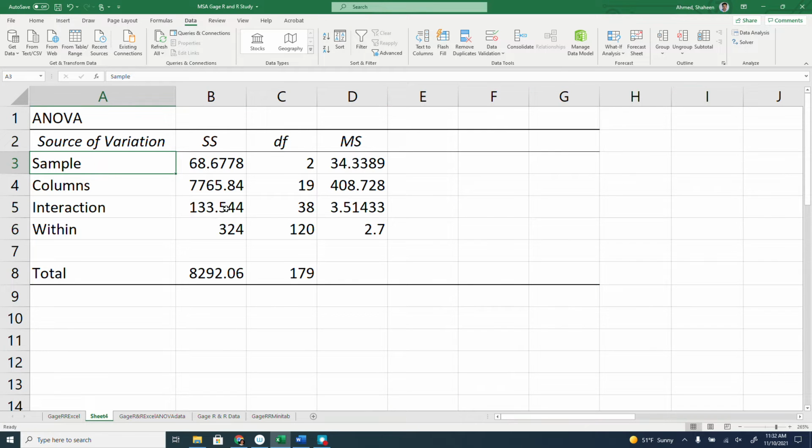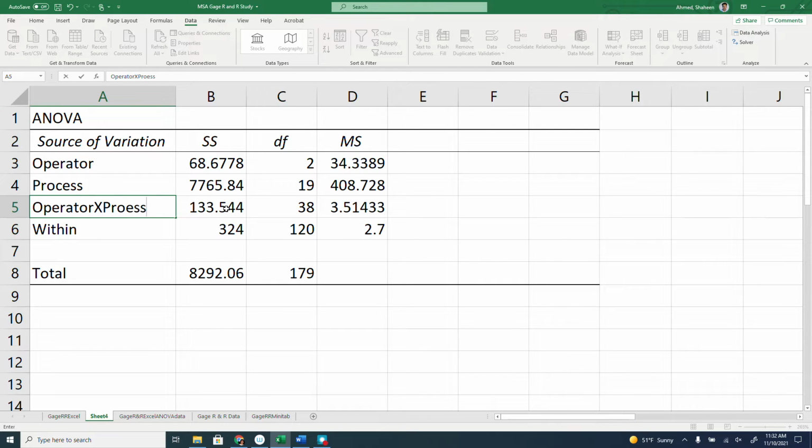Sample here is the operator. Excel has some kind of weird way of naming all this stuff. It is the operator, and then these columns are part-to-part variation or process variation. We'll simply write process. And then the interaction is operator times process. And the within variation, that is the repeatability.